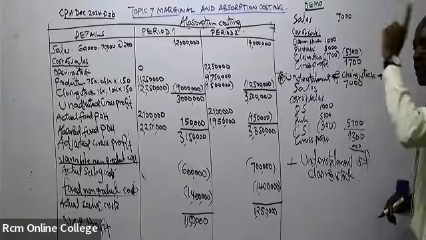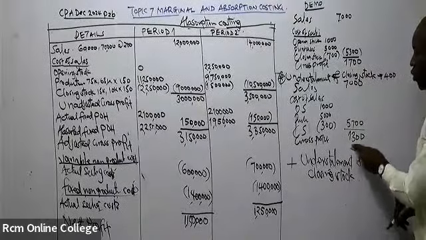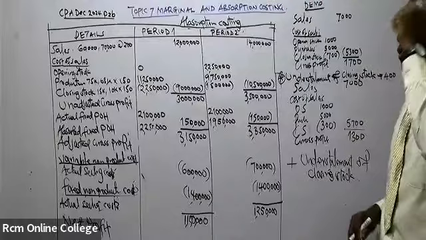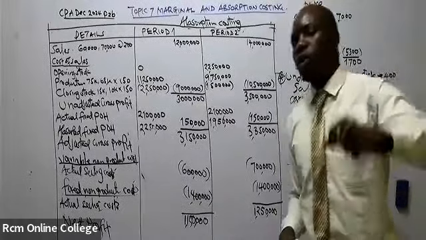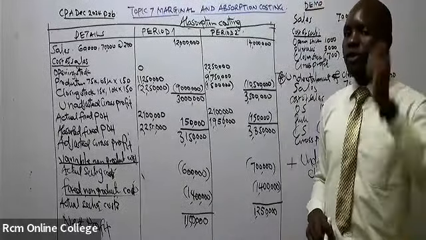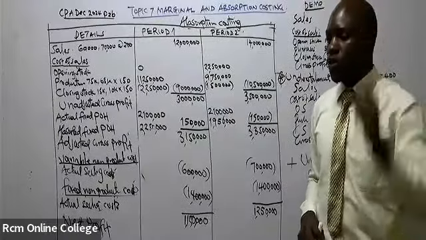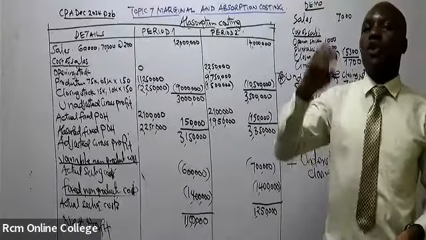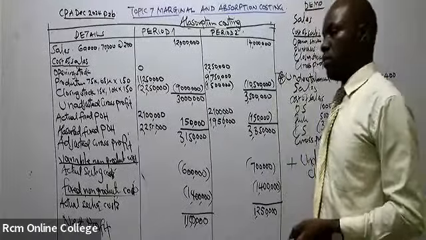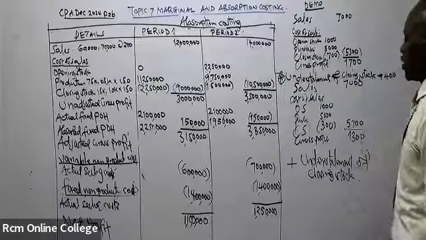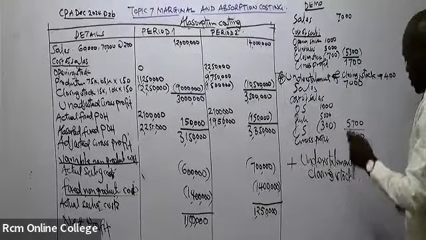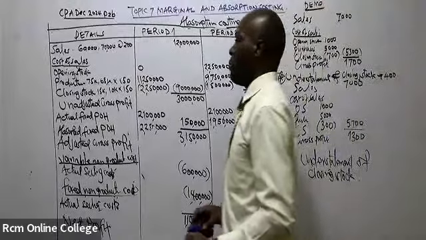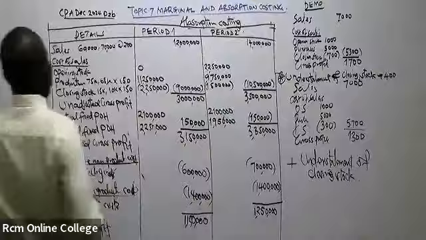The answer is yes. So we add understatement of closing stock. We less understatement of opening stock. That is, if you start from marginal costing, we'll be talking about these understatements. If you start from absorption costing, you will be talking about the overstatements.